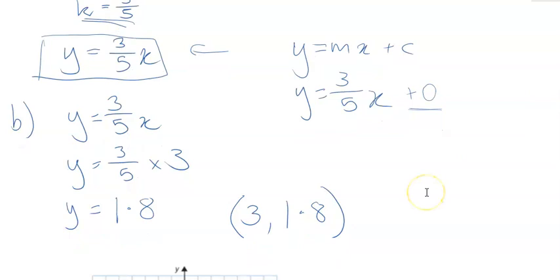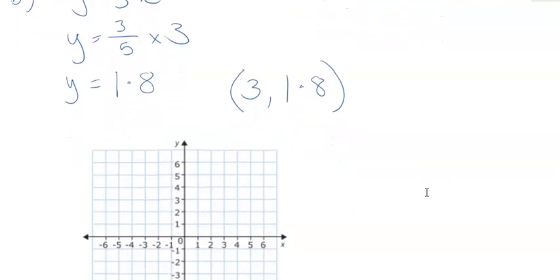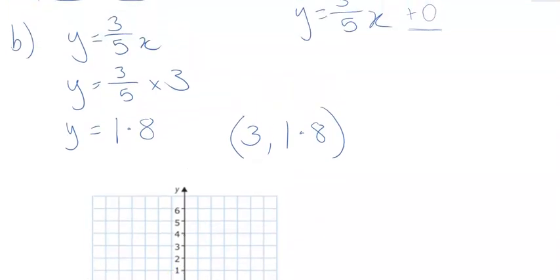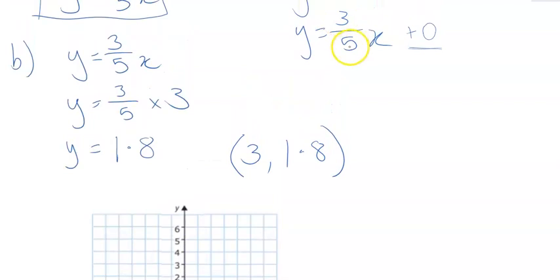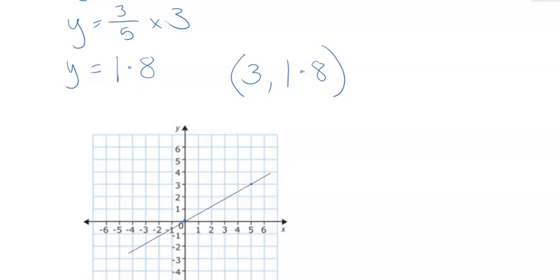So when I go to graph it, I know that 0 is going to be the y-intercept straight away, and then I rise 3, run 5. It's a positive gradient, so I rise 3, run 5: 1, 2, 3, 4, 5. Once I've got that spot there, I then can connect my 2 points, and I've connected them there. And so that's the linear graph.